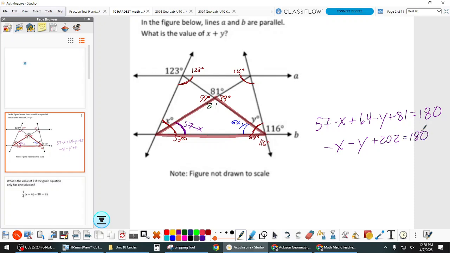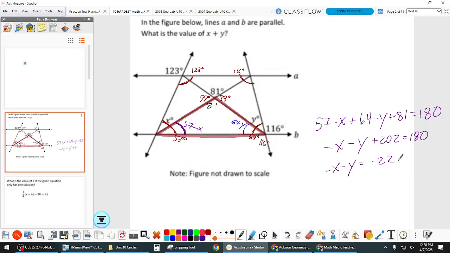Okay, what would you do next? Subtract. Yeah, I might as well get rid of the 202, right? Okay, we're so close. This is where I stopped because I wanted to know x and y.